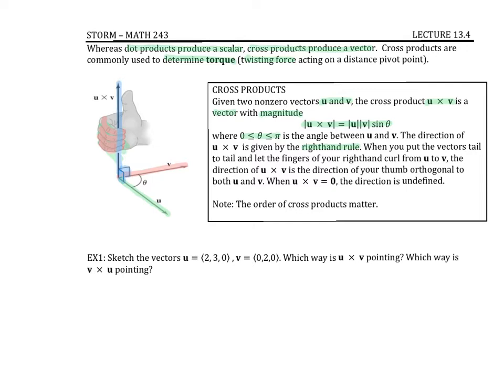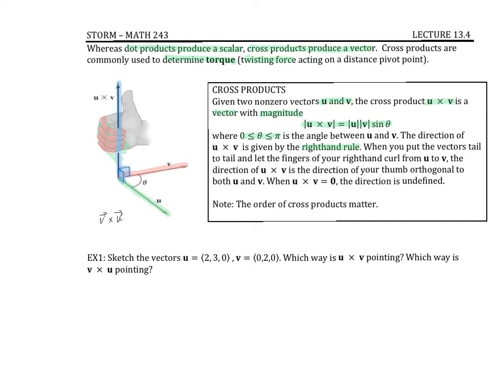The direction that you cross vectors matters. If we were to look at v cross u, it would be very difficult to curl v into u, so you actually have to flip your hand the other way.